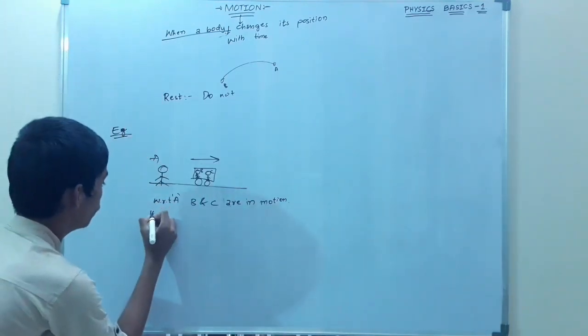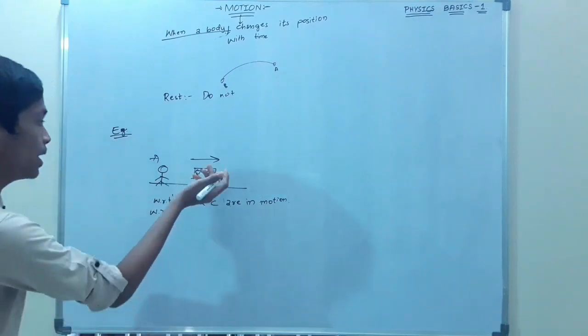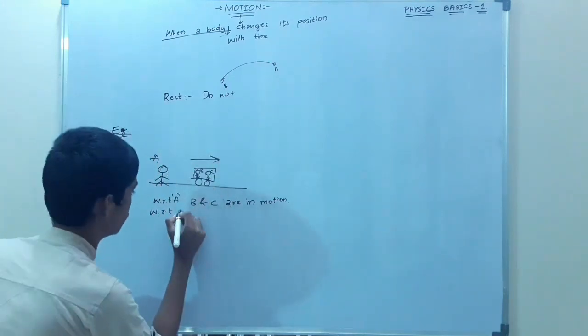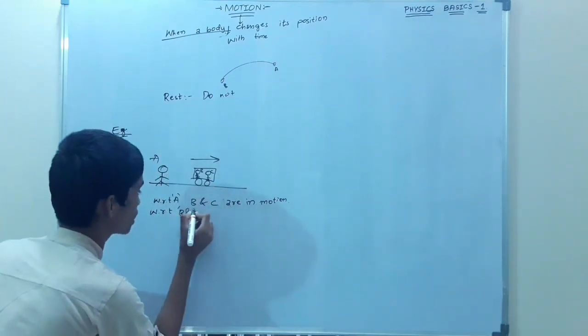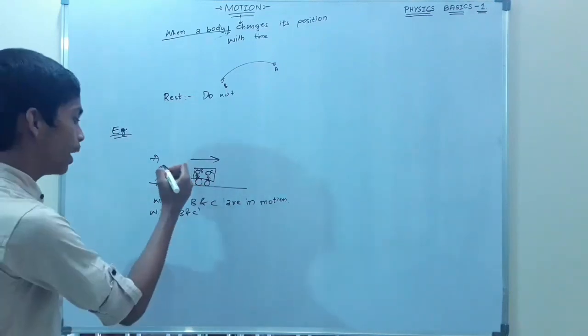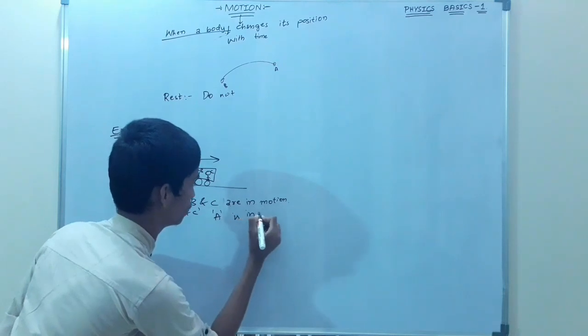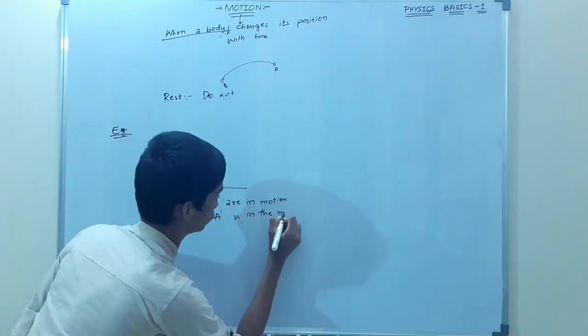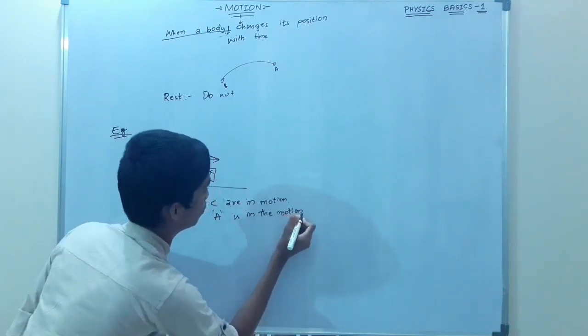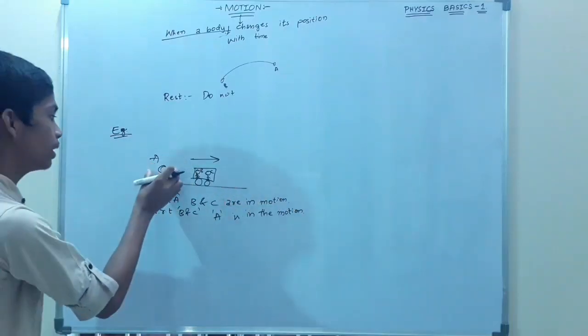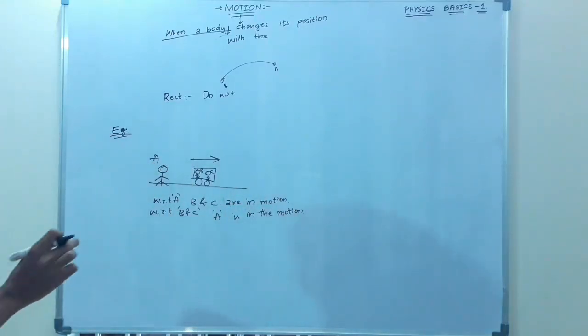Now take the opposite case, that is B and C. With respect to B and C, A is in motion, because they are moving forward and here is a person standing there only.